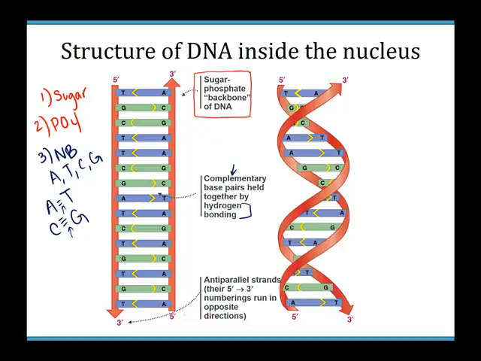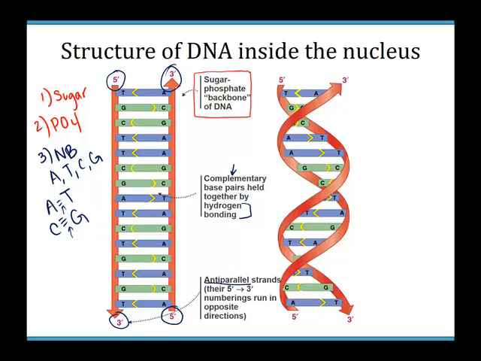And remember, in order to get that hydrogen bonding all aligned at the right angle, if one DNA strand is running 5' to 3', the other one has to go the opposite direction. 5' matches up with 3', and we say this is anti-parallel.